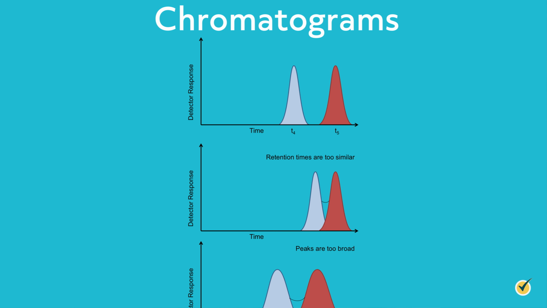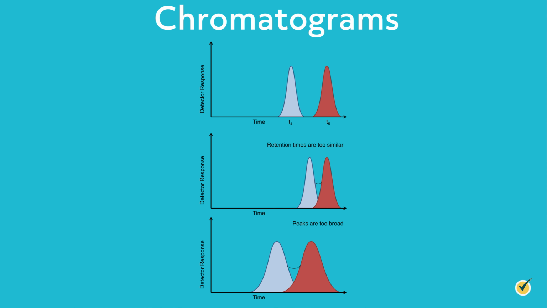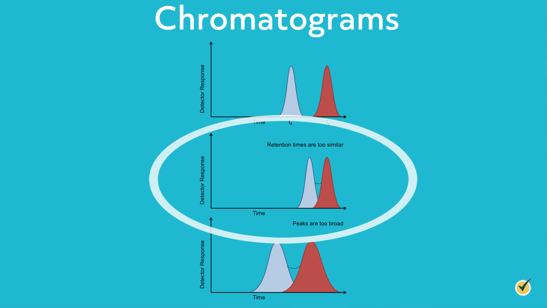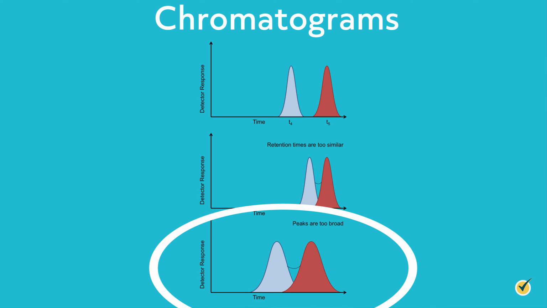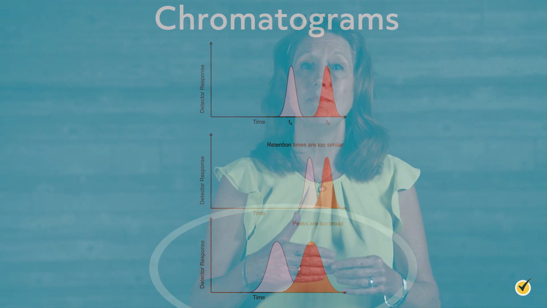Now consider these two suboptimal chromatograms. Here the retention times are too similar and the peaks overlap. Here the peaks are too wide for the difference in retention times. Methods must be finely tuned to achieve satisfactory separation between solute peaks, but also be economical and timely.